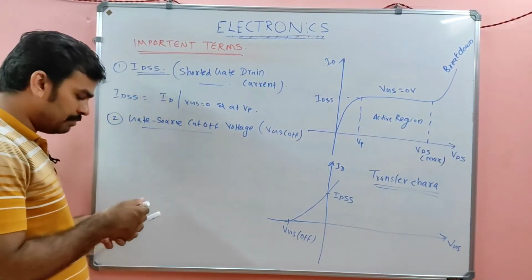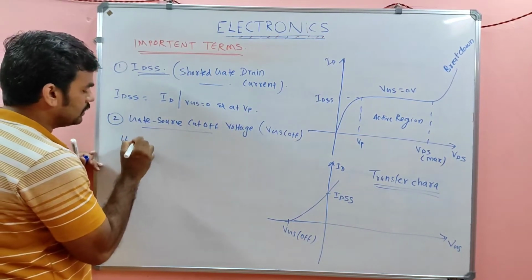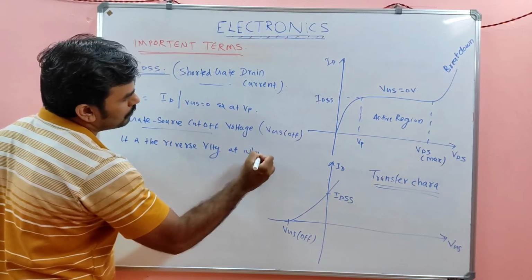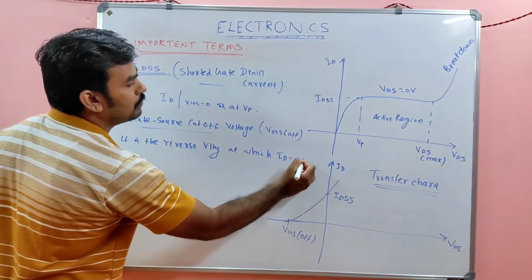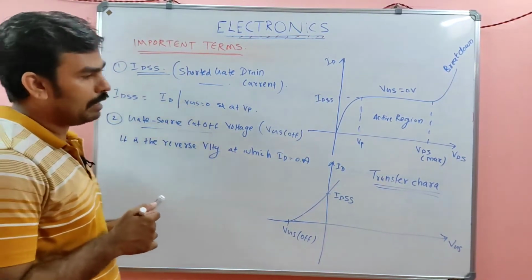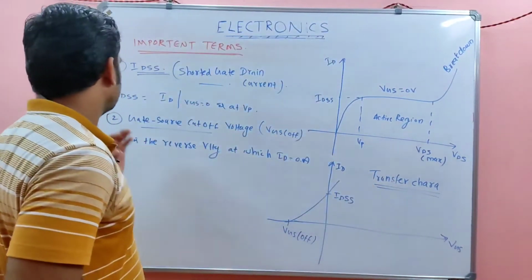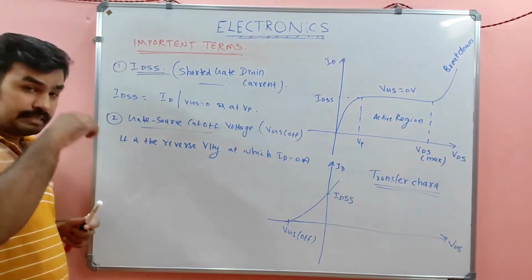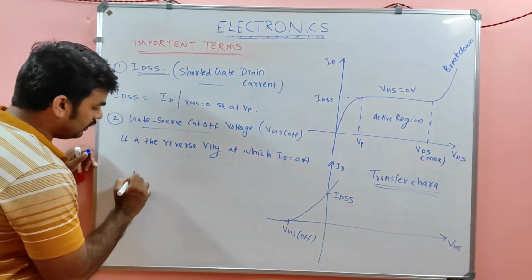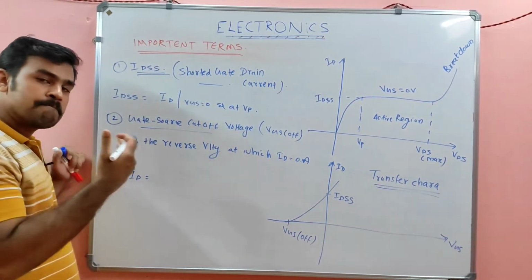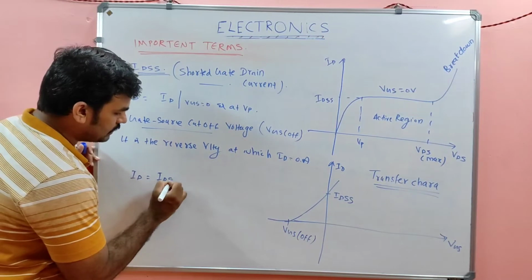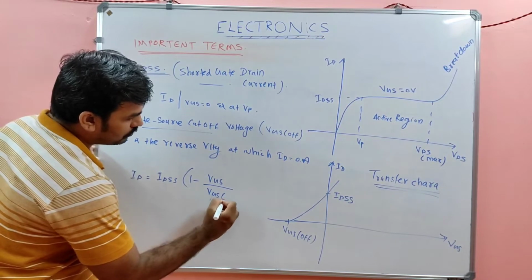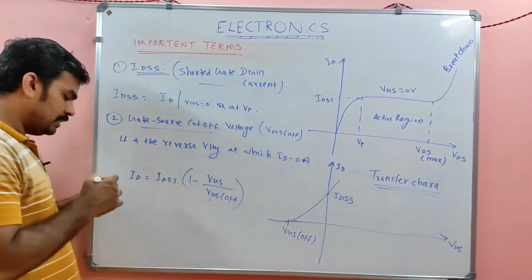So VGS(off) is the reverse voltage at which ID will become 0 ampere. That is called the gate to source cutoff voltage. Now the drain current equation, the general drain current equation of a JFET, is very, very important: ID equals IDSS into (1 minus VGS divided by VGS(off)) squared.